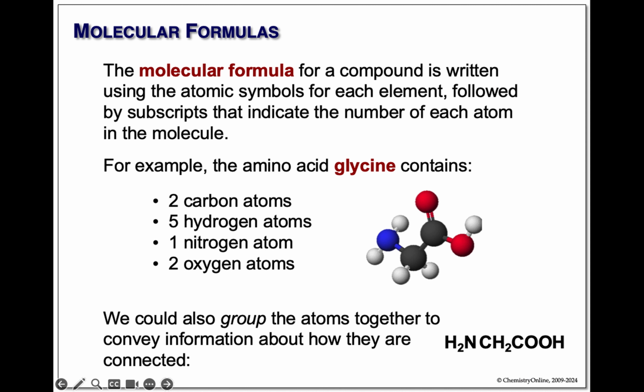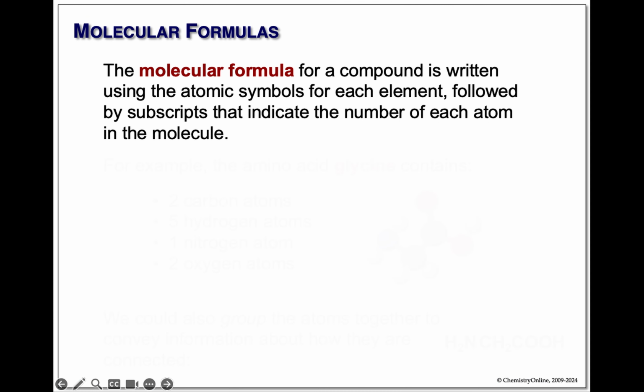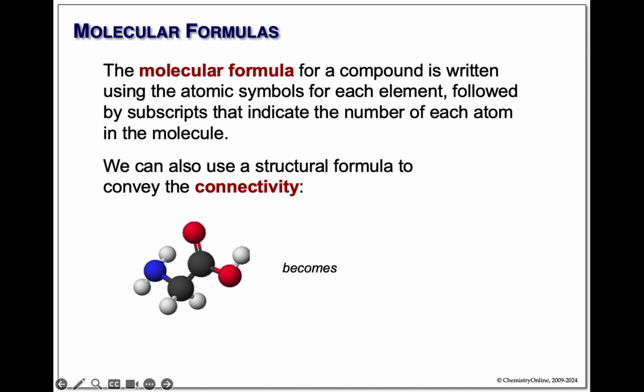The ultimate is called a Kekulé structure. Here you would show all the bonds of NH2, bonded to CH2, bonded to COOH. These are a pain. The other one is much more useful. So this is molecular formula. Very simple.